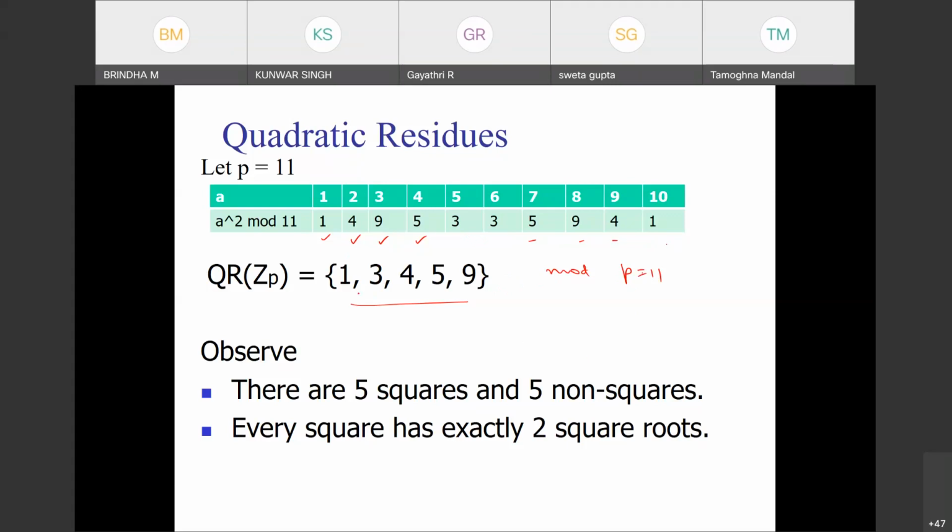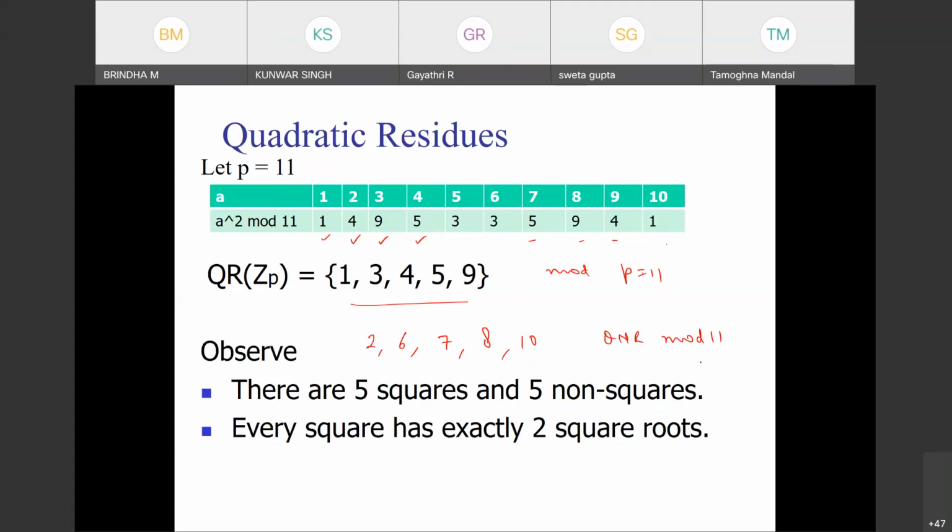Other values like 2, 6, 7, 8, 10 are QNR modulo 11. So from 1 to 10, 5 are QR modulo P and 5 are QNR modulo P.